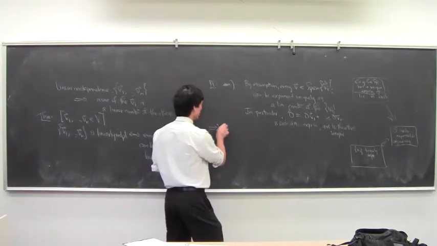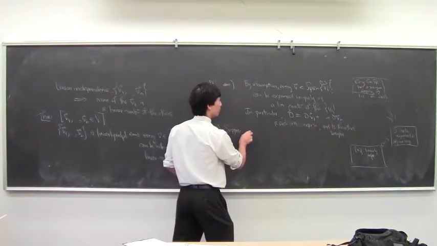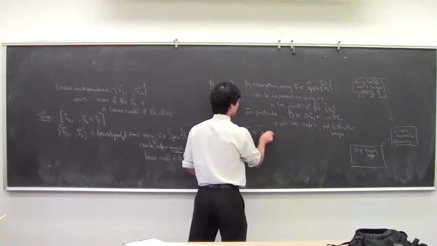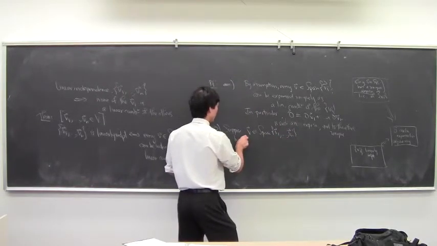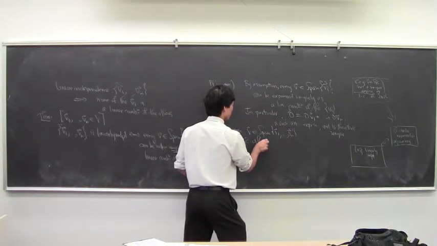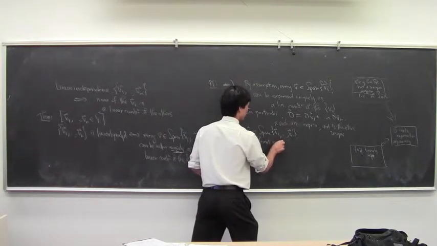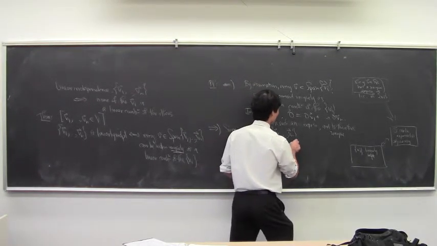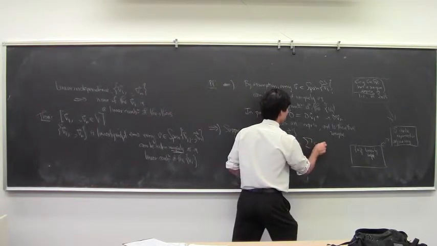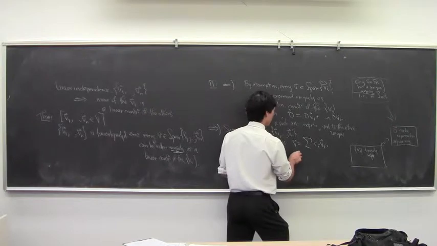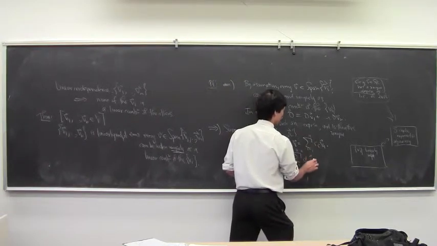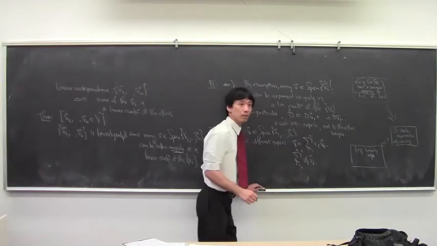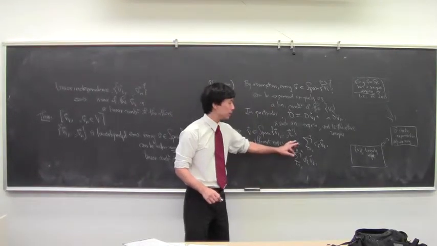So suppose V in the span has two different expressions. So suppose that V is expressible as the sum of Ci Vi, but V is also expressible as the sum of Di Vi.